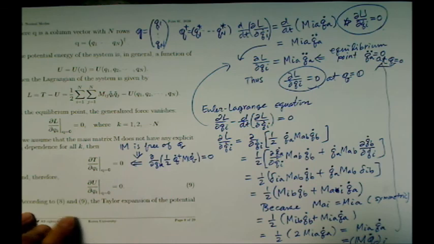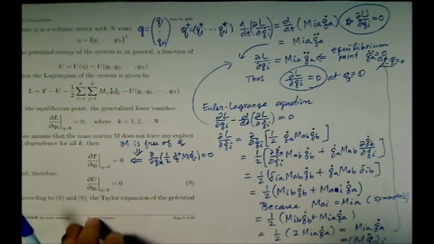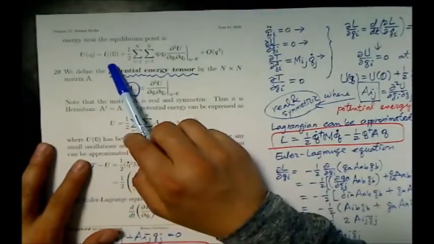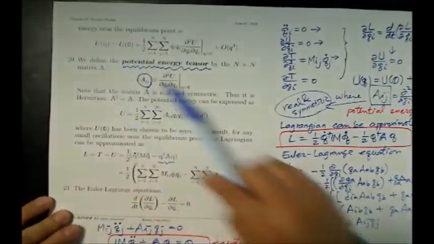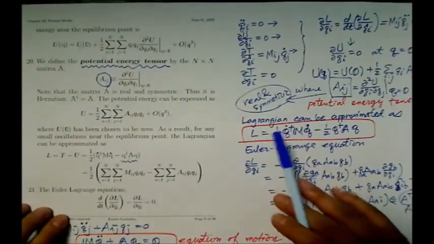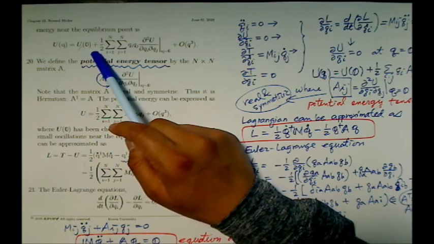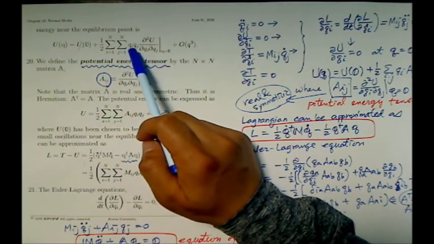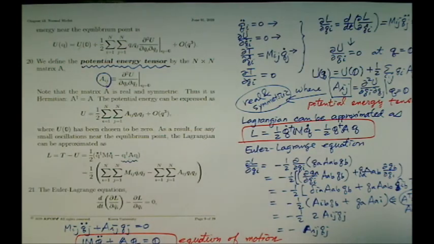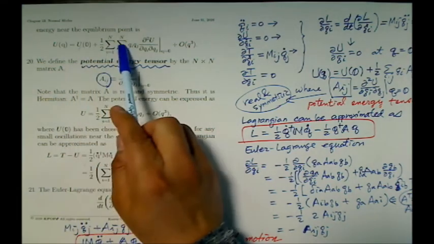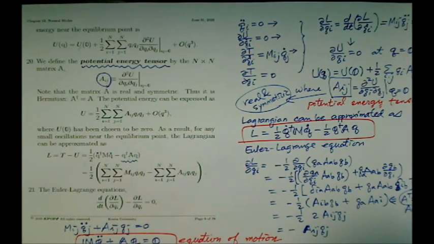Around that equilibrium point, the potential energy can be expanded. So the Taylor series expansion gives this kind of form. Now we have selected the origin to be the equilibrium point, and the first order contribution of the Taylor series expansion with respect to Q vanishes because the first order derivative of the potential vanishes at that origin, the equilibrium point.